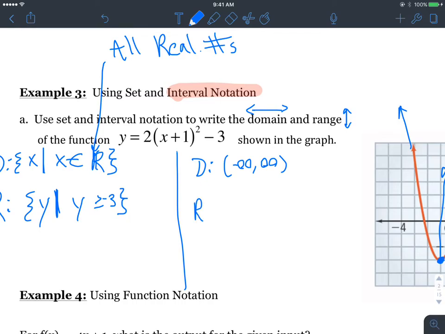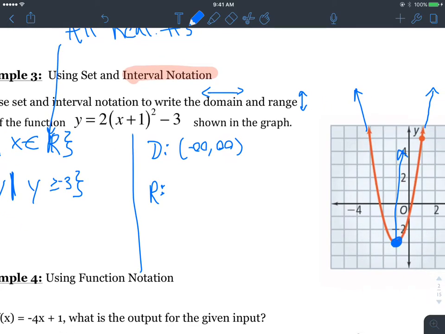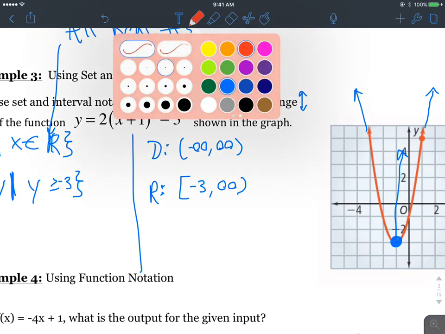Now as far as interval notation, it looks a little bit different here. Since we're actually starting here at the -3 point right there, we're going to use a bracket this time. We're going to say starting at -3. That means including -3, I guess. And then it goes all the way up to infinity. So it might be a good little thing to write here.